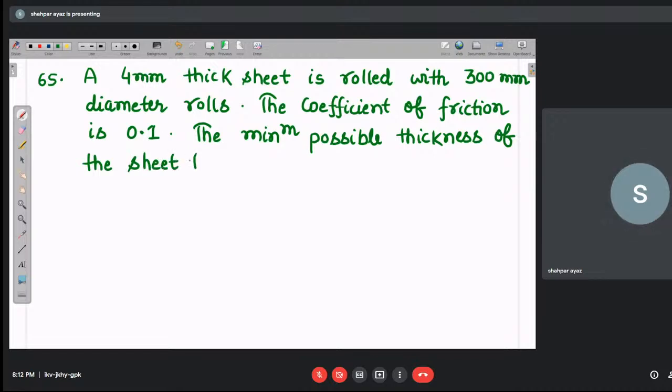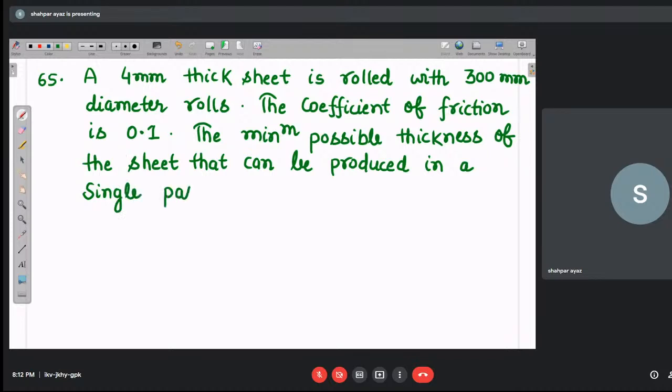Sheet that can be produced. Find out easily.